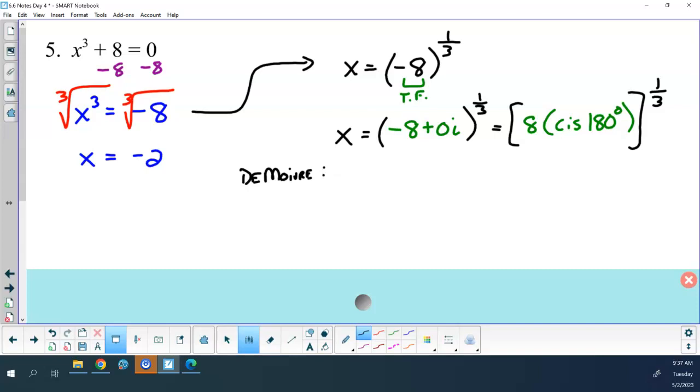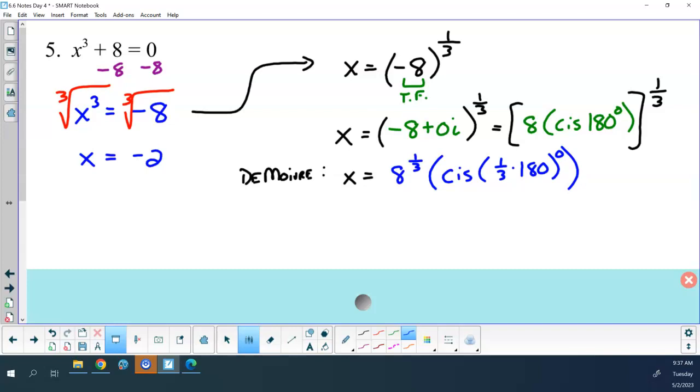8 to the 1/3 power. What do you got? 180, or 1/3 times 180? Okay.